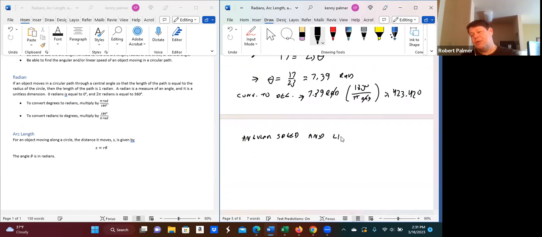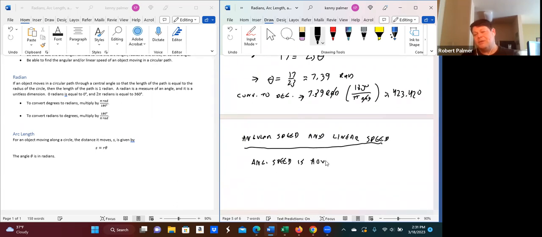And linear speed. Okay. So angular speed is essentially how fast. So angular speed is, I didn't write that over here, but that's okay.